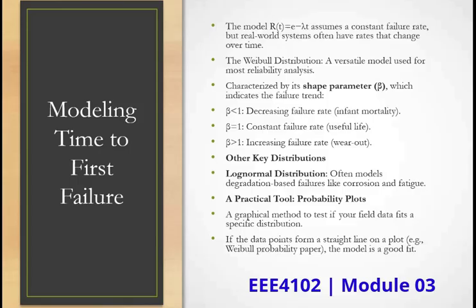So we look at this new model called the Weibull distribution. The Weibull distribution is a versatile model that is used for most reliability analysis. So it is a very important model when it comes to reliability engineering, and it caters for those aspects that the reliability function we solved at first, which assumes a constant failure rate, doesn't cover.